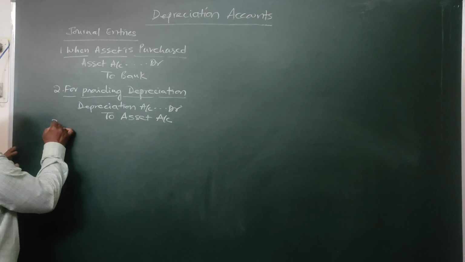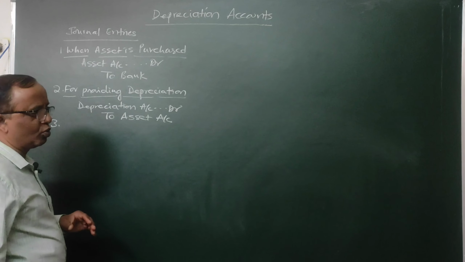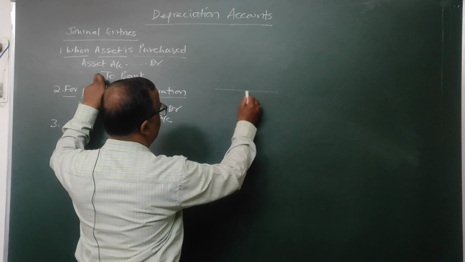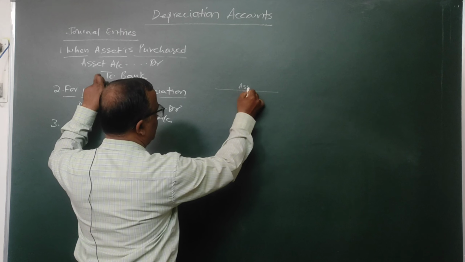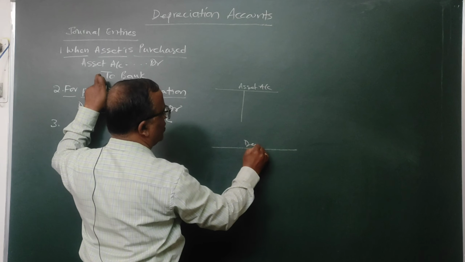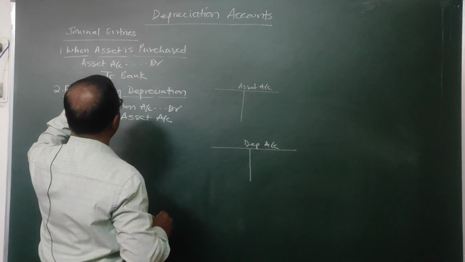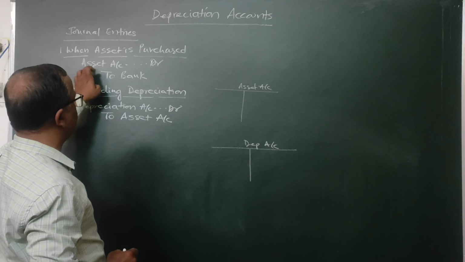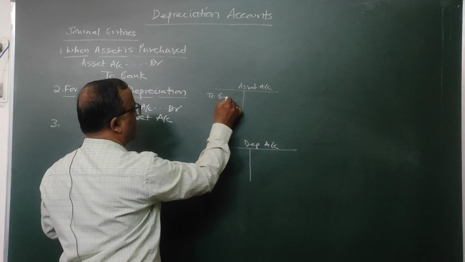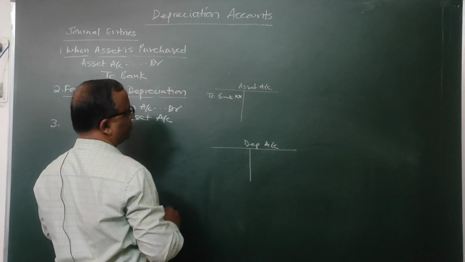See, if you assume this is the asset account and this is your depreciation account, the entries will be posted something like this. When an asset is purchased, where will you post asset account debit to bank? In the asset account, you will post it as 'To bank' on the debit side.